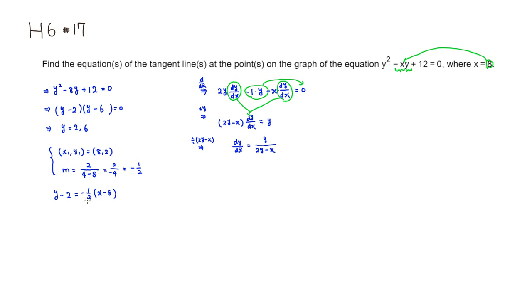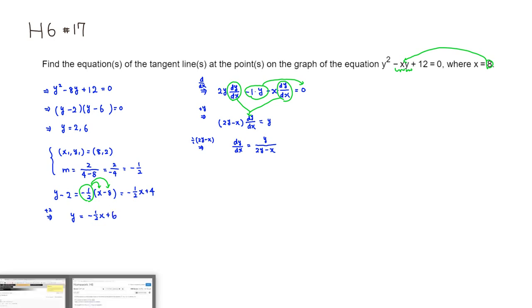So I'm going to distribute negative 1/2 to x and the negative 8. We get negative 1/2 x plus 4. And we can isolate y by adding 2. So y is equal to negative 1/2 x, and adding 2, this is going to be 6.